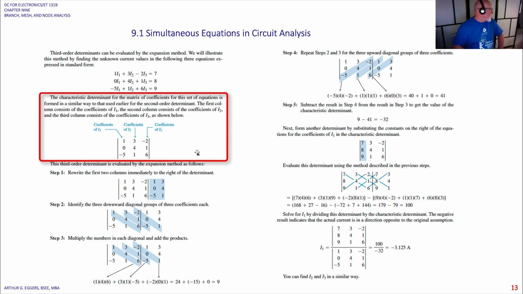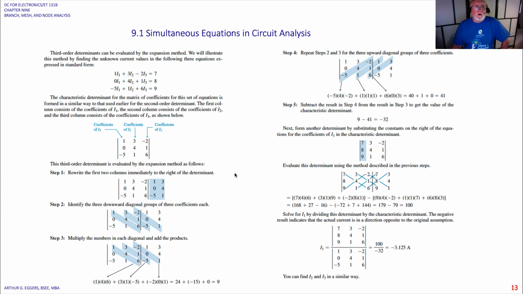So now how do we handle this, where we saw simply with the 2 by 2 that it was just this times this minus this times this? Well, you can see from the next step it's a little more complicated. So what we have to do here is rewrite the first 2 columns immediately to the right of the determinant.